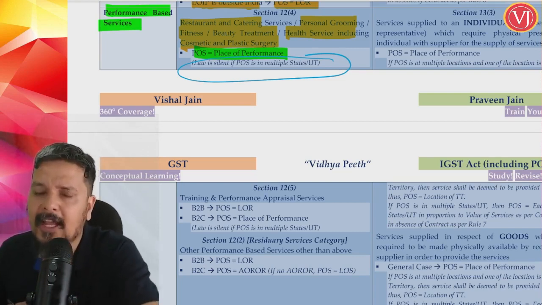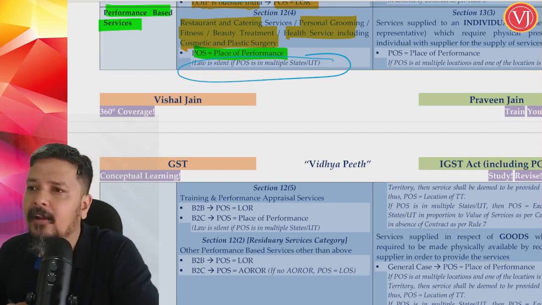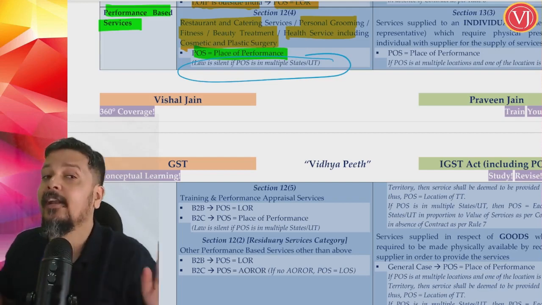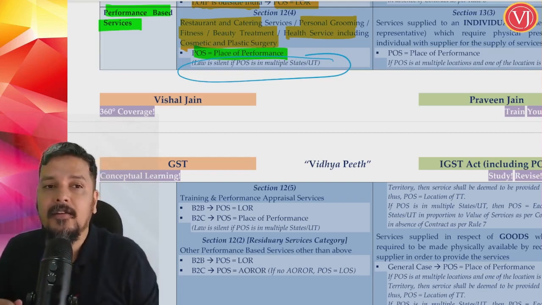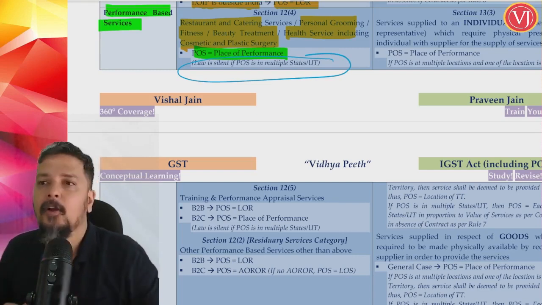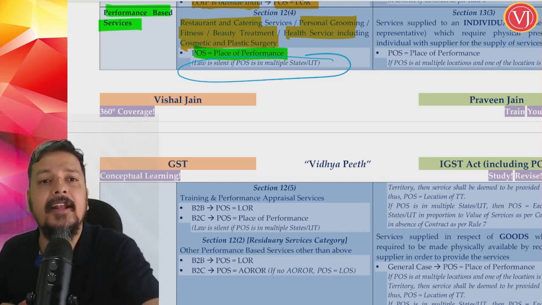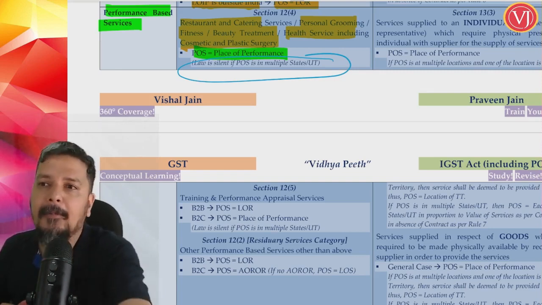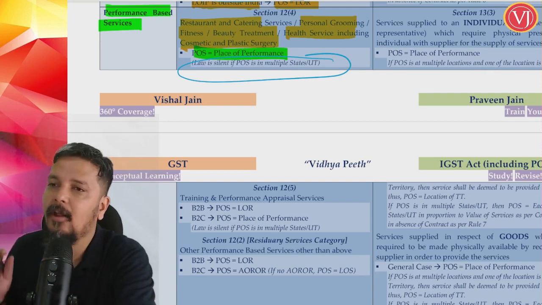Don't you think that performance happened in Tamil Nadu as well as Maharashtra? Clearly. But the law is silent about it. Part of the performance of that grooming happened in Tamil Nadu and part in Maharashtra. Law is silent about it.